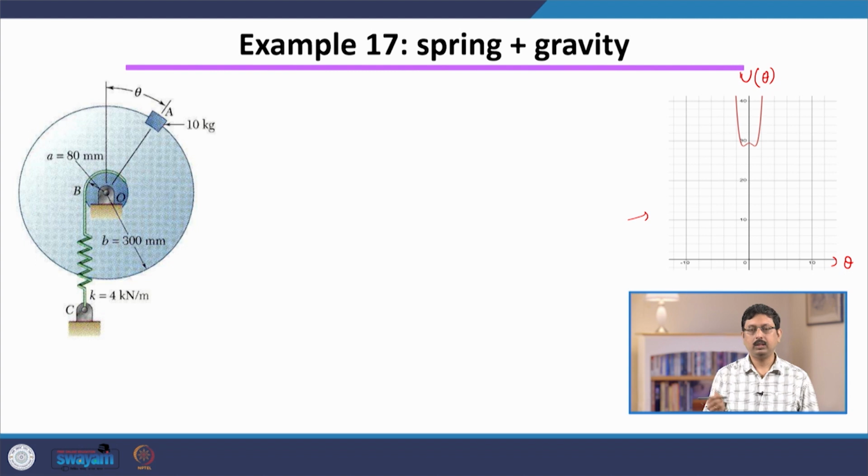Our goal is to determine the shape of this profile. For that, what are the potential energies, what are the forces? Instead of force, if you think in terms of energy, let us say our system is this block plus this spring.